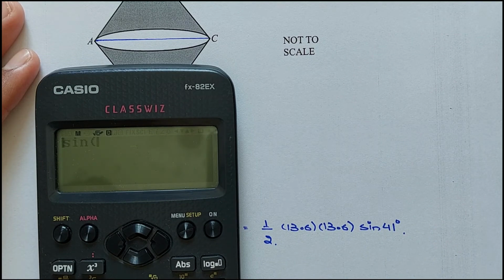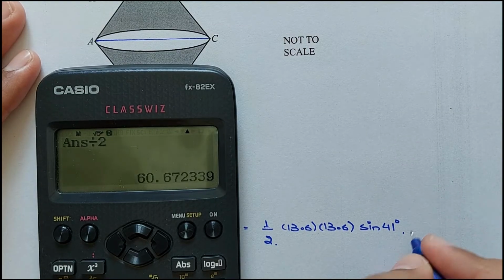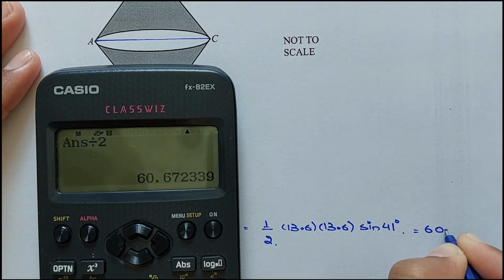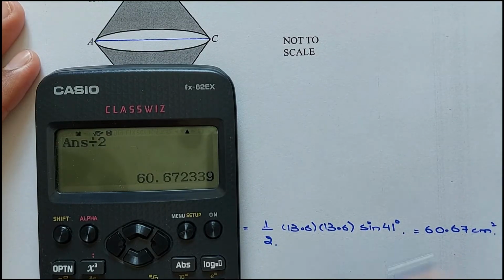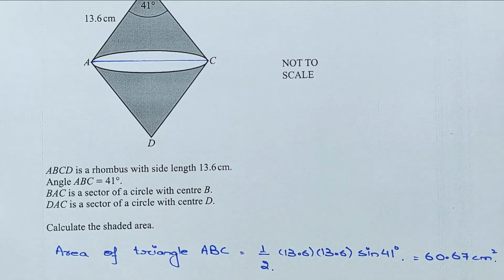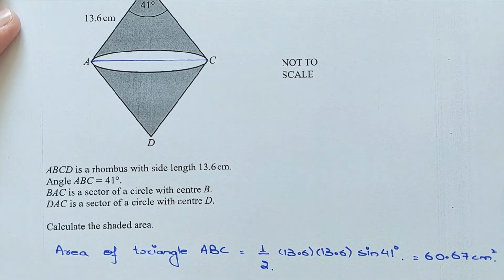It's in degrees, yes. This area is 60.67 centimeters square. So this is the area of triangle ABC and of triangle ADC, 60.67 centimeters square. Right, this is the first step.